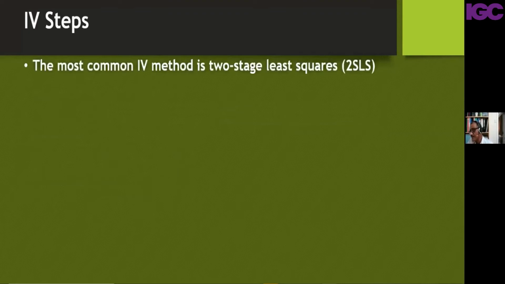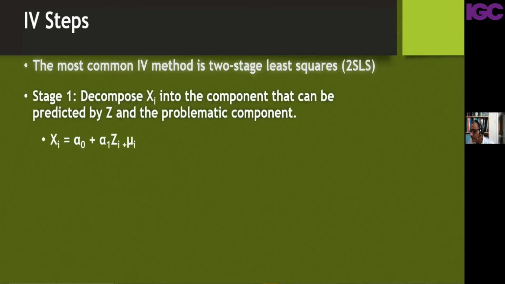So once we have identified a relevant instrument, the method which is used is called the two-stage least squares method. This is the most common instrumental variables method that is used. And what we do is, we do this in two stages.